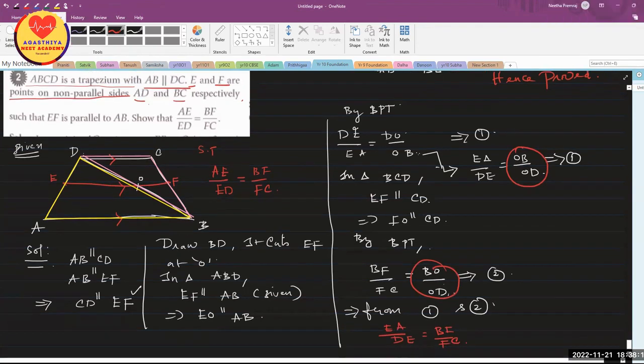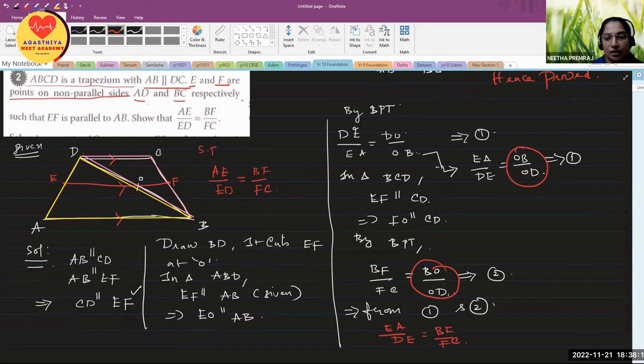Yes, ma'am. So that is what you want to prove, right? EA or AE, whatever it is. That is what, hence proved. Make a note of it.